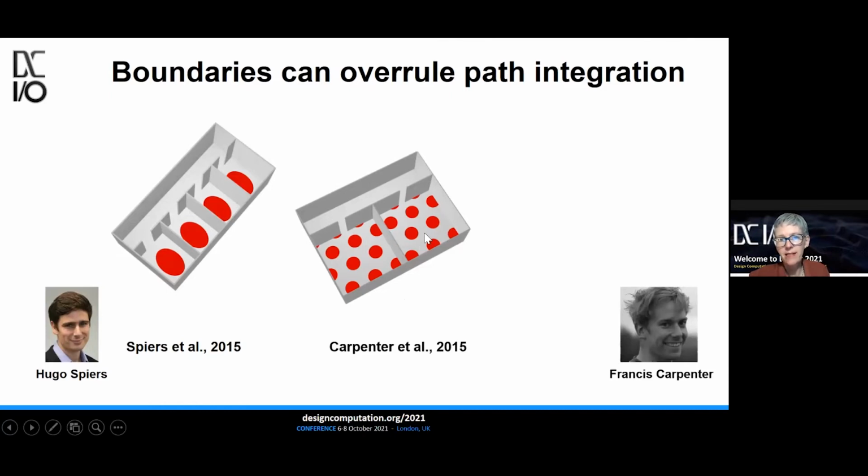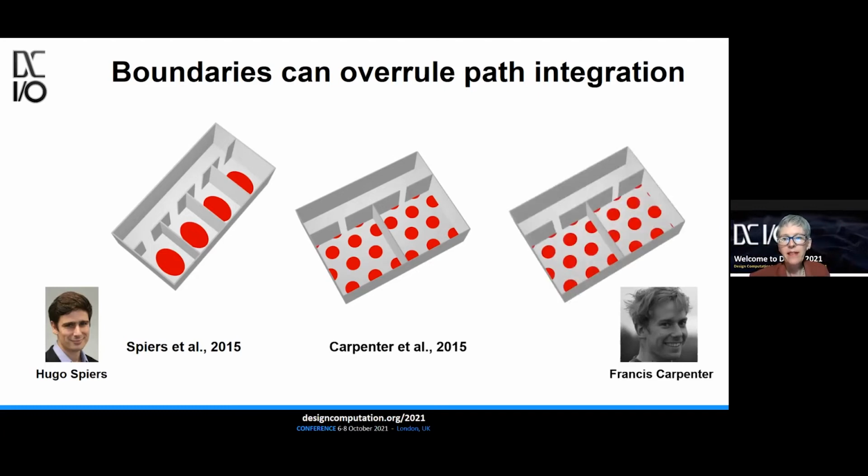So the pattern is the same, even though the rat can walk along this corridor. And if the grid cell was completely dominated by self-motion cues, and that was all it knew about, then the pattern should have been slightly different in the two boxes. And indeed, after time, that is what happened.